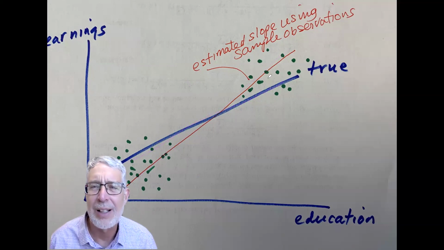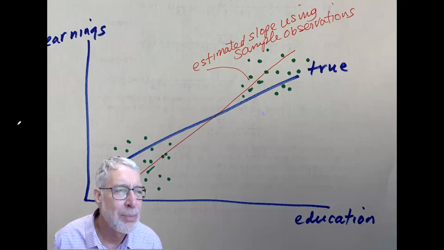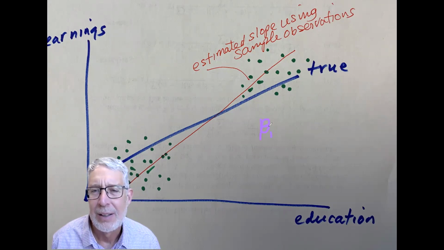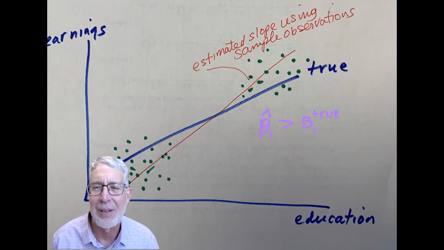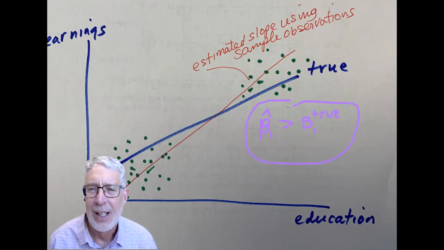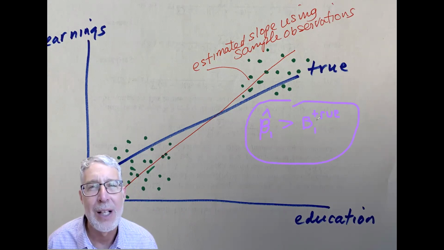That helps us understand that in the single variable case, beta 1 hat, which is this slope, the red line, is going to be greater than beta 1 true. In the positive case, it's pretty straightforward because we know what greater than and less than mean. In the negative case, it's not always clear. But here, our slope will overestimate the true relationship between education and earnings.